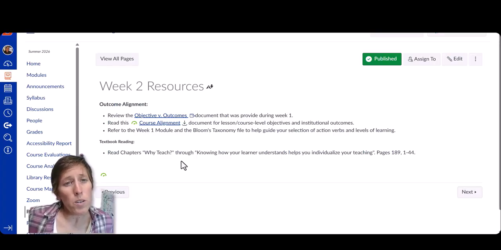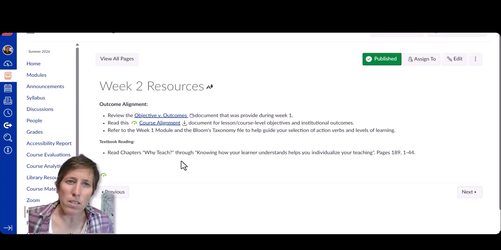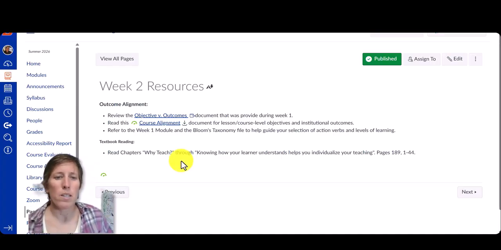If you need to go back to the Bloom's Taxonomy lesson in week 1 as you're building your assignment, please do that. And then your textbook reading, again, pages 189 and 1 through 44.